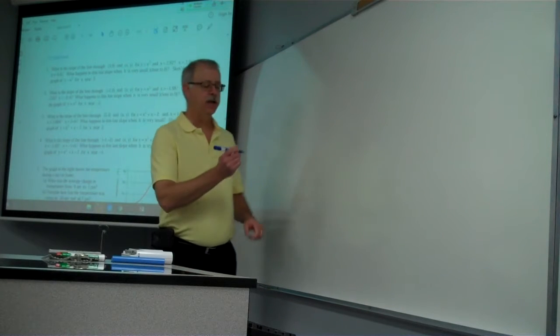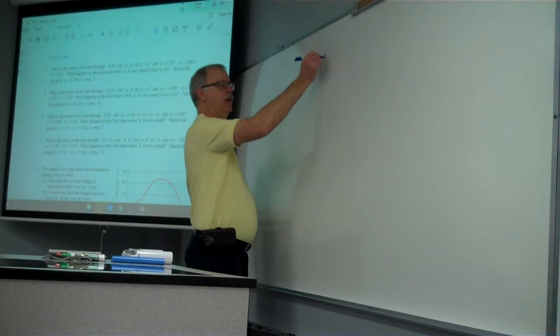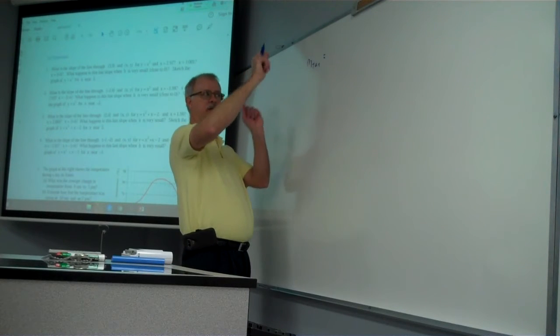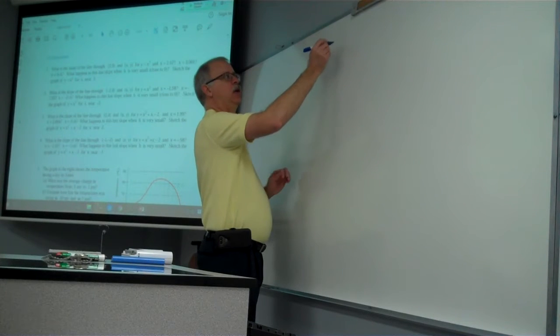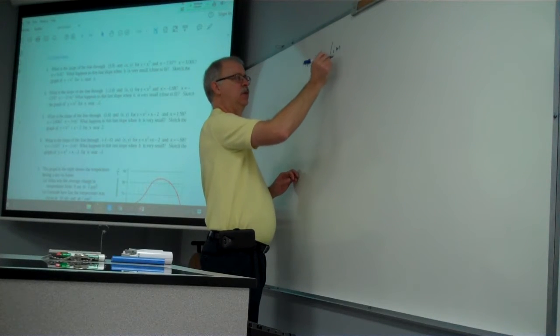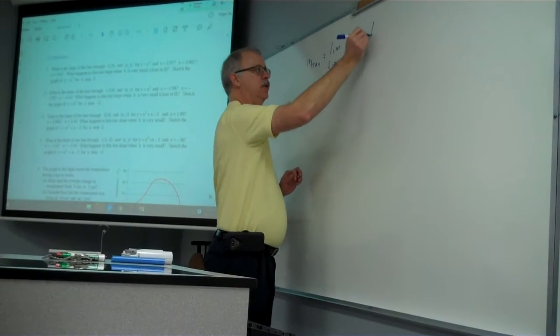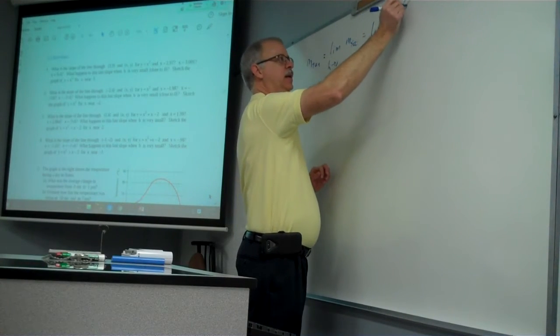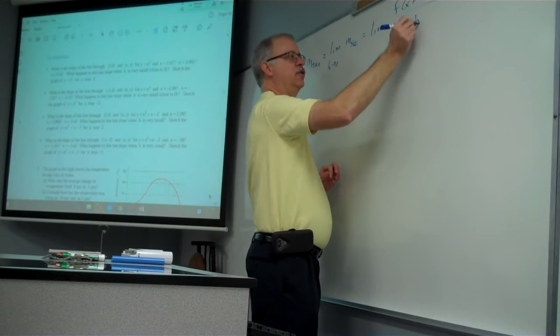Okay, we've been looking a couple days at trying to figure out the slope of the tangent line, either by eyeballing it, or then more recently looking at the limit as h approaches 0 of the slope of the secant line, which happens to be change in output over change in input.